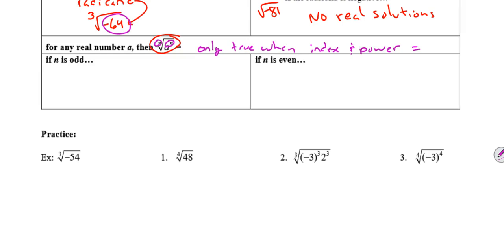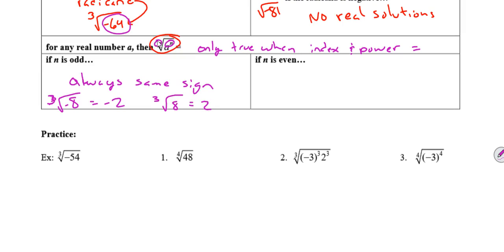Now if the index is odd, it doesn't matter, because odds are always going to be the same sign. It's always the same sign. The cube root of negative 8 would be negative 2. The cube root of positive 8 will be positive 2.